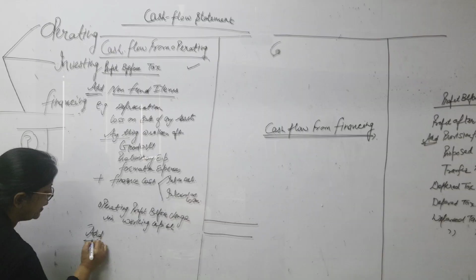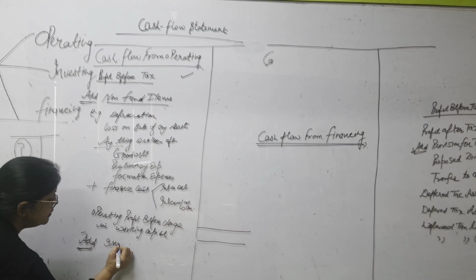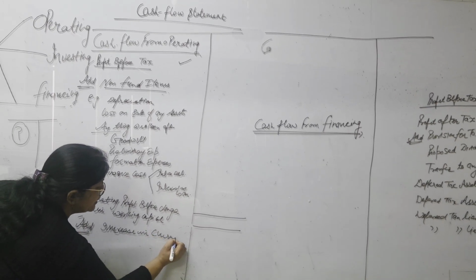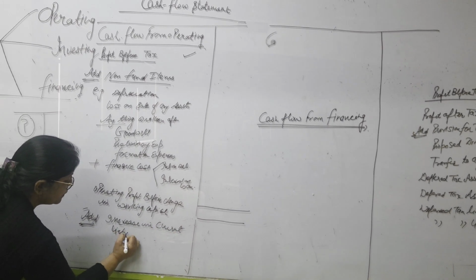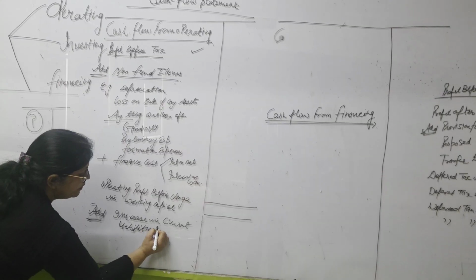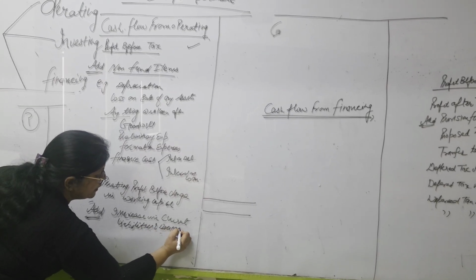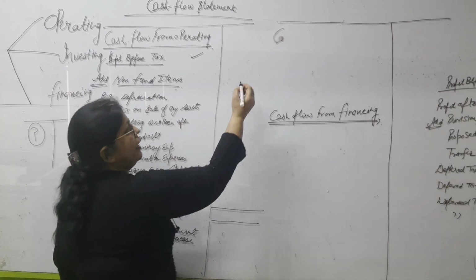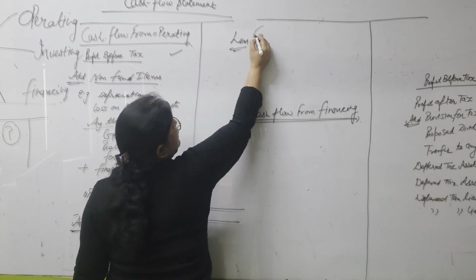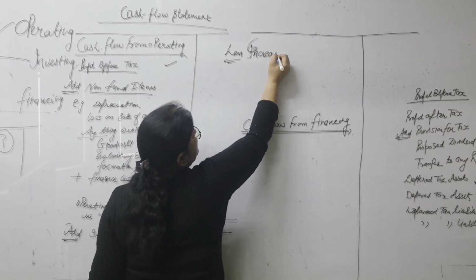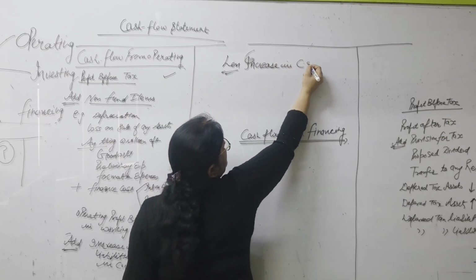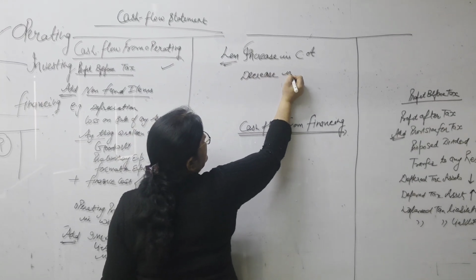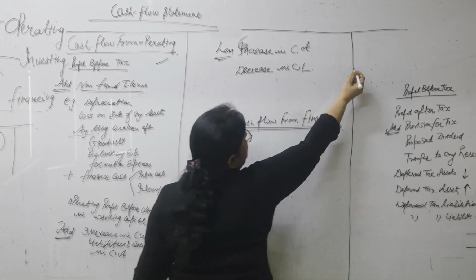Now you have to add increase in current liabilities and decrease in current assets, less increase in current assets and decrease in current liabilities.